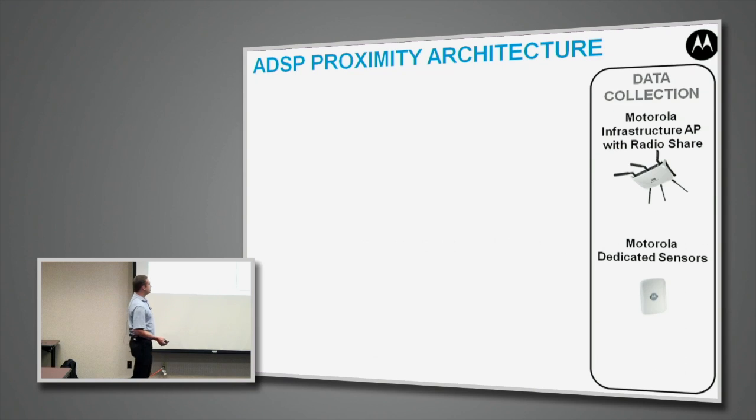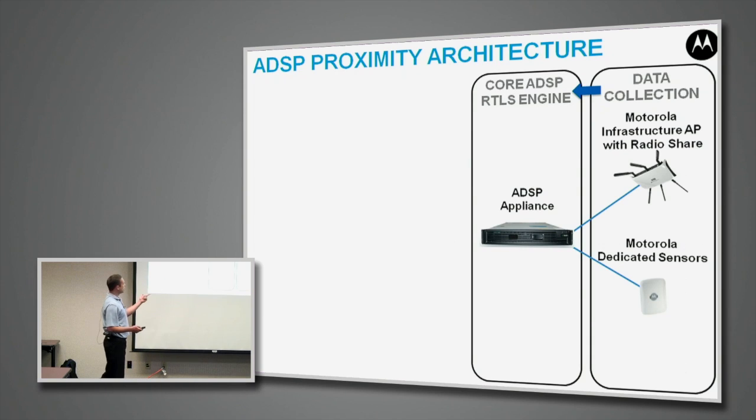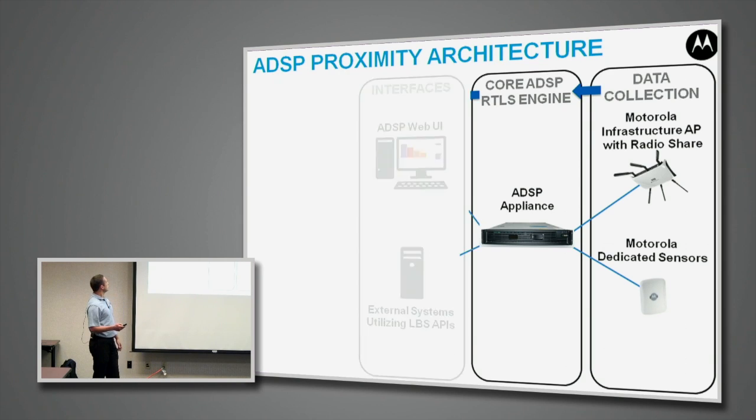So the way the architecture works, of course, it ties into WiNG. AirDefense, if you know AirDefense, uses the WiNG infrastructure to do Wi-Fi sensing in the environment. The first thing is we collect data from the APs and the infrastructure. That is sent back to the AirDefense platform, which actually does run on the NX series, the NX 9500 series.